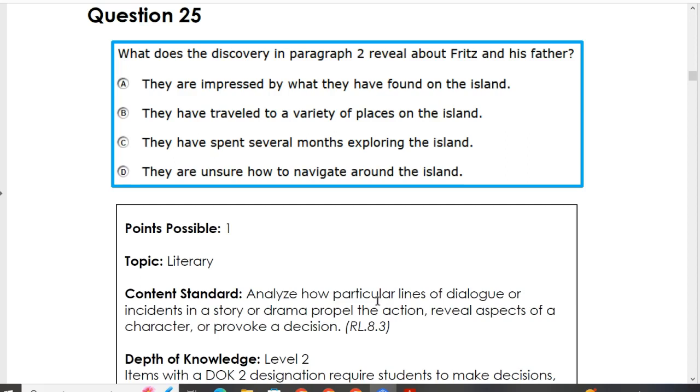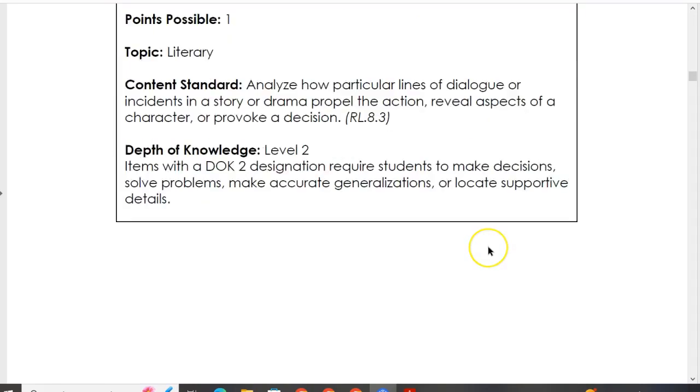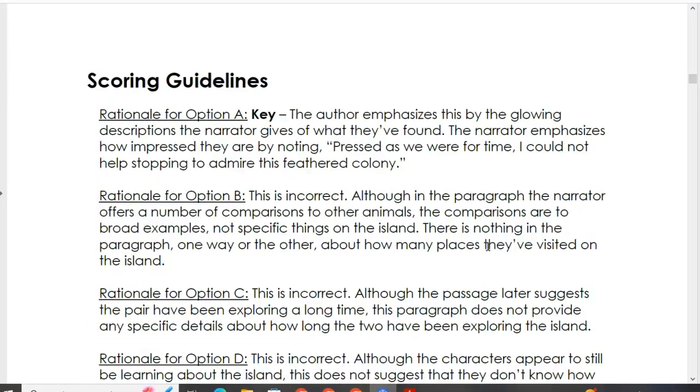So we have A, they are impressed by what they have found on the island. B, they have traveled to a variety of places on the island. C, they have spent several months exploring the island. Or D, they are unsure of how to navigate around the island. And this is A.